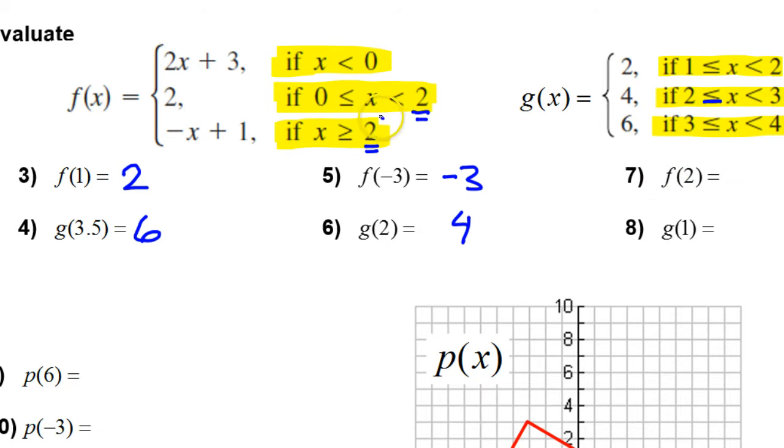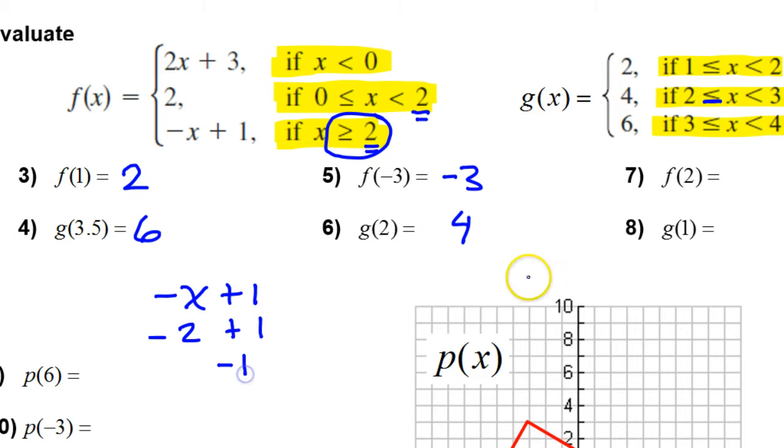I'm going to use the bottom one because that's the one that says use this if x is greater than or equal to 2. So because it does equal 2, we're using the negative x plus 1 function. Since x is 2, that means negative 2 plus 1, which is negative 1.